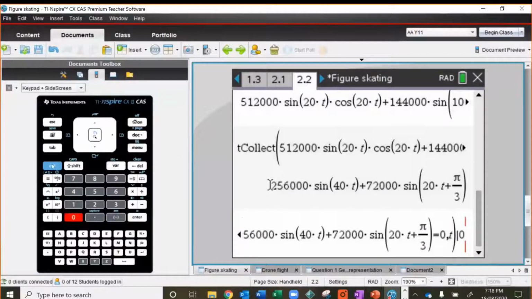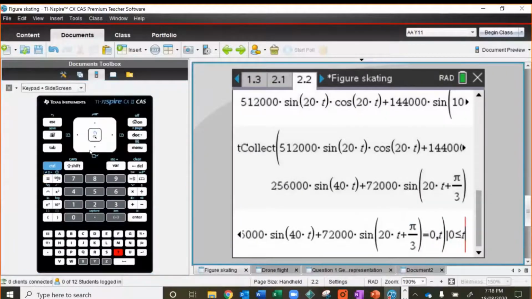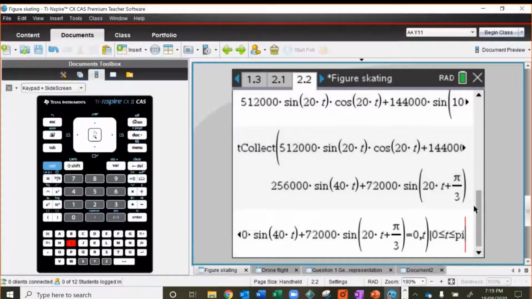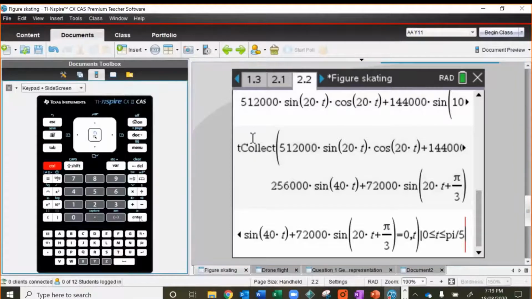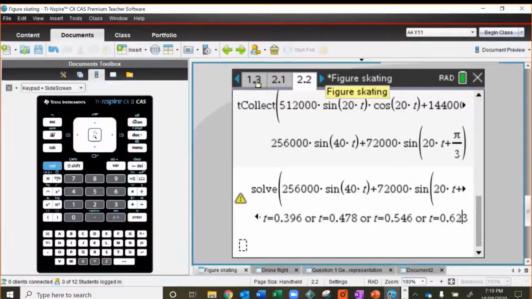So in one full cycle, between 0, t, and pi on 5. And we'll do Control Enter here, and these are all those various times when it will happen. So quite a few of those in one full cycle.